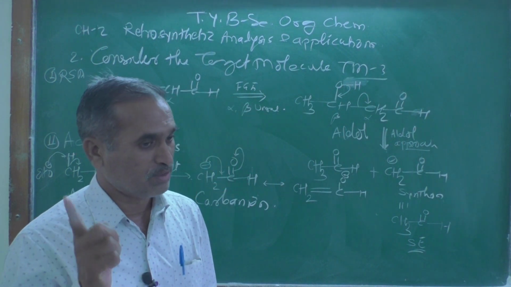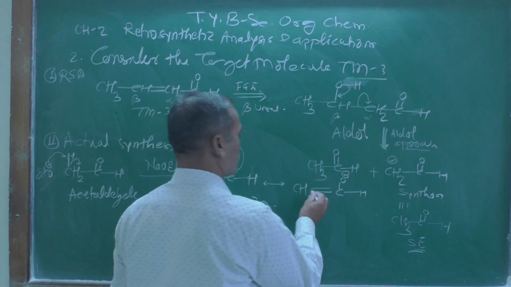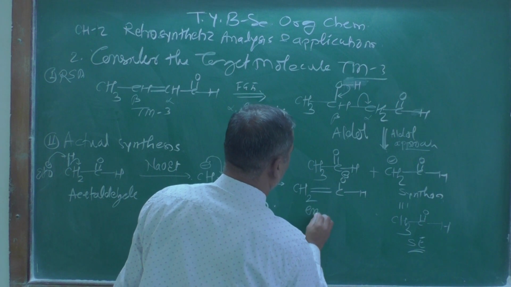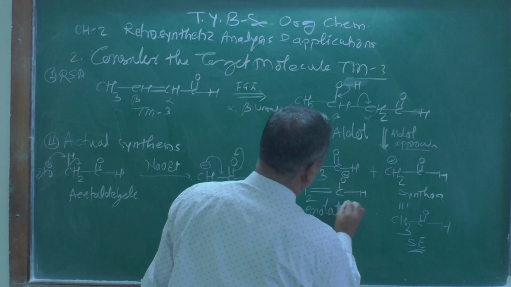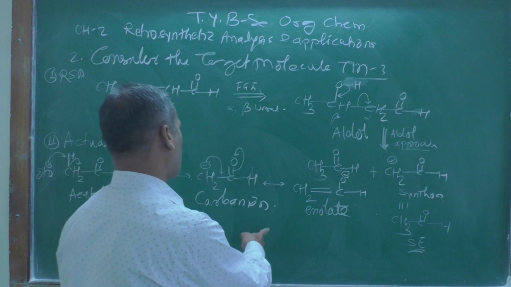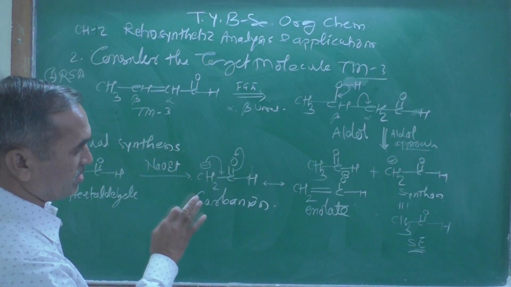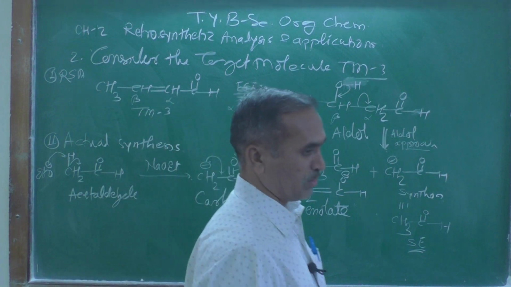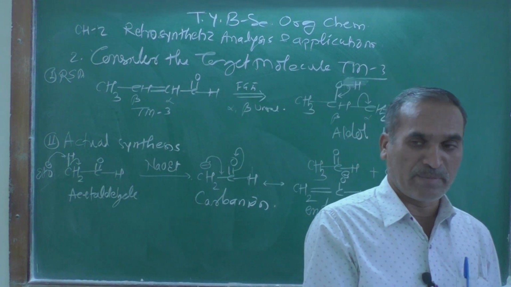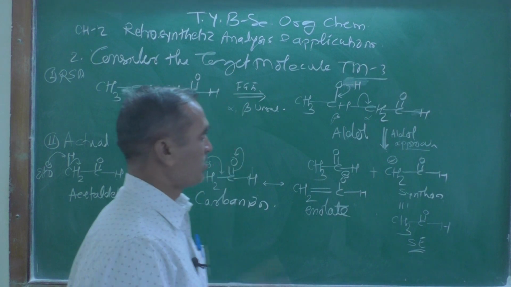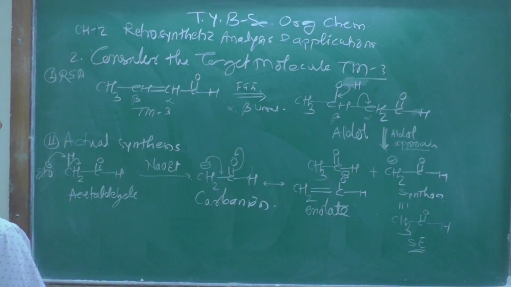What is that? We already learned that this species is called an enolate, and that enolate species is more stable as compared to a carbanion. So that is the main point you should remember while discussing such type of synthesis.